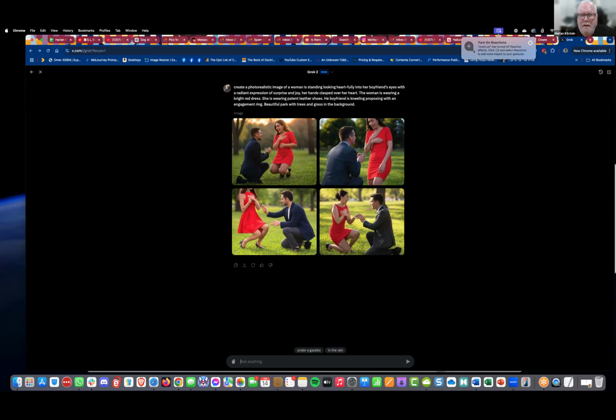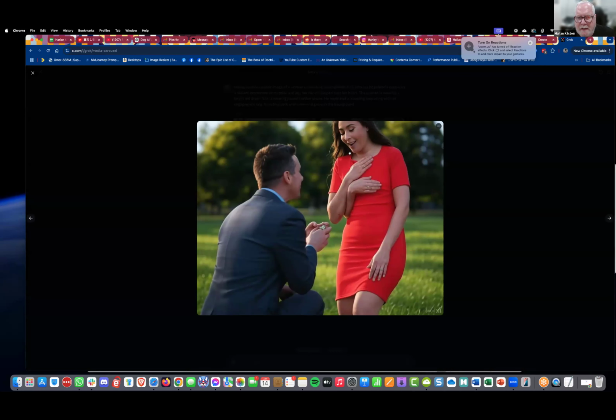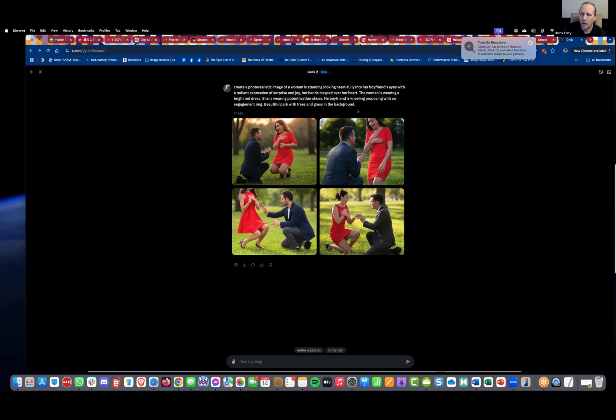I guess they have this thing about kneeling. This is the best, except she has three hands. So it looks like Grok's new model just has some training issues, just like Stable Diffusion 3.